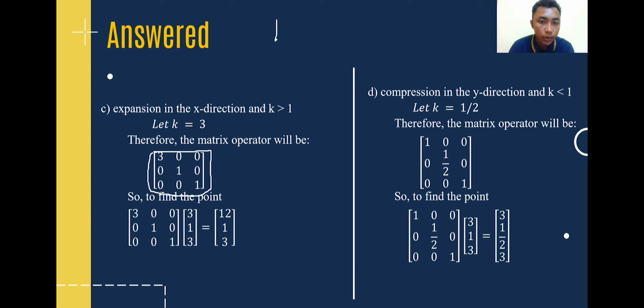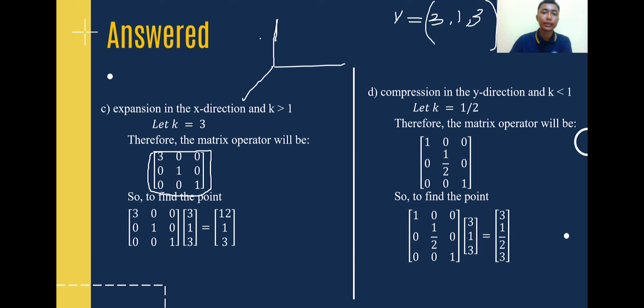For example, like this, and we still use v equal to 3, 1, 3. This is the coordinate we use, and we need the direction in the x direction. This is x, y, and z.